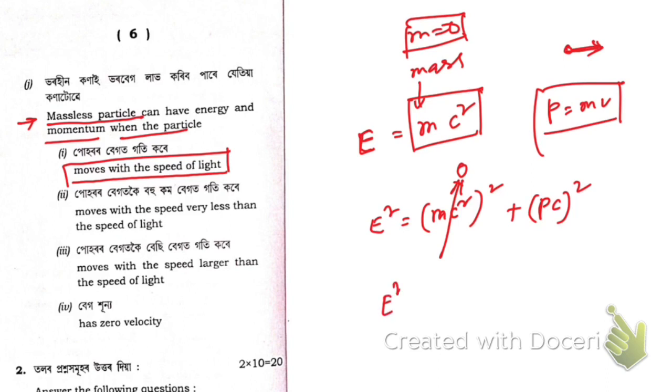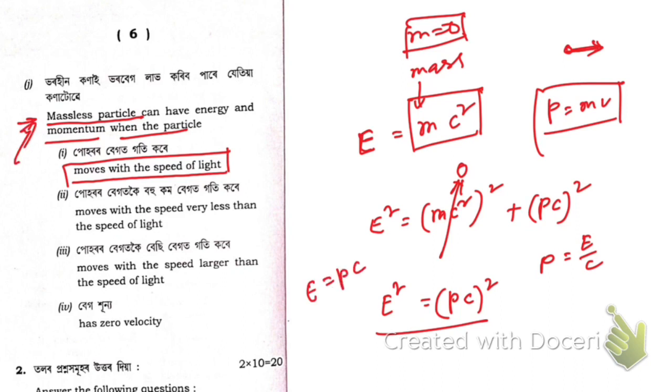Here we obtain E² = (pc)², and here we have got momentum as well as energy. From this relation we can calculate momentum as well. Momentum is going to be E/c, and energy is simply E = pc for a massless particle. So hope you have understood this. So that is the correct answer.